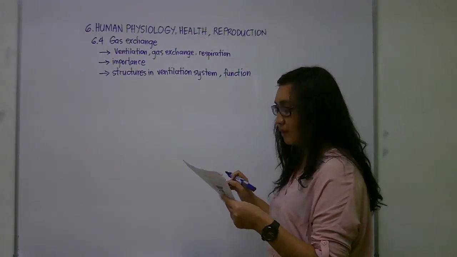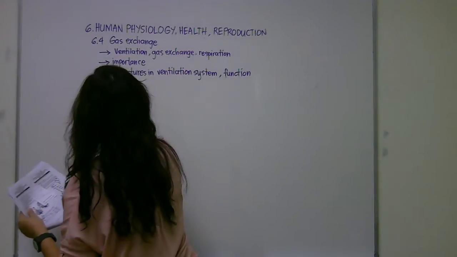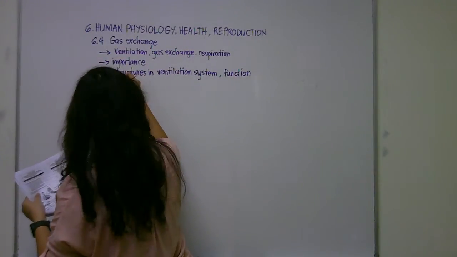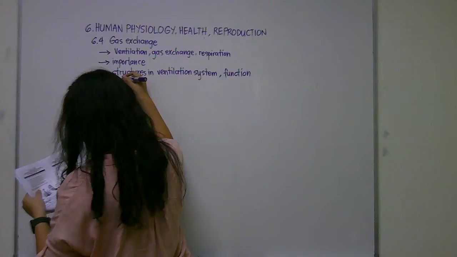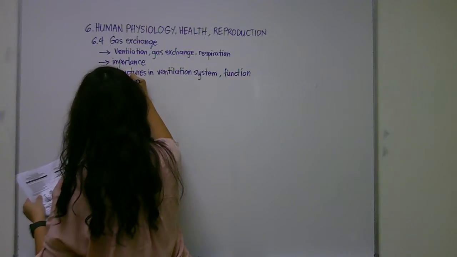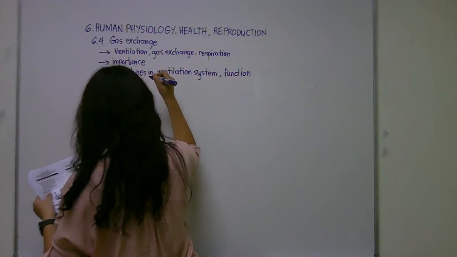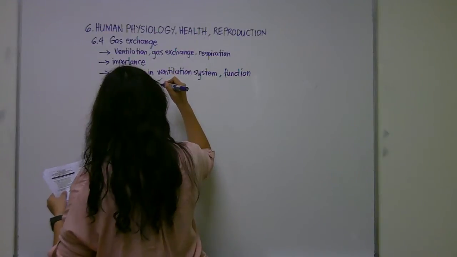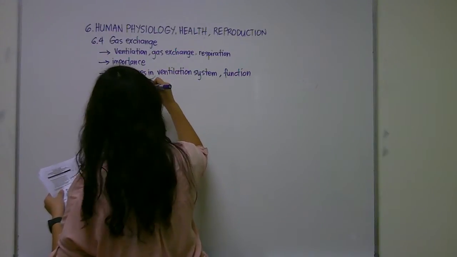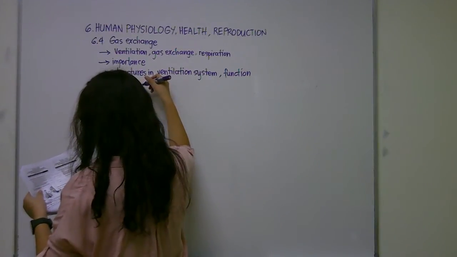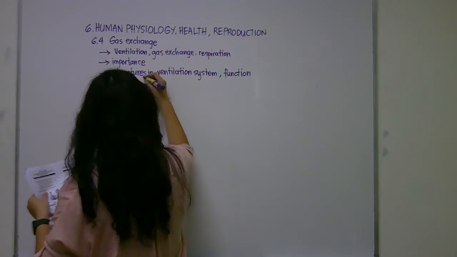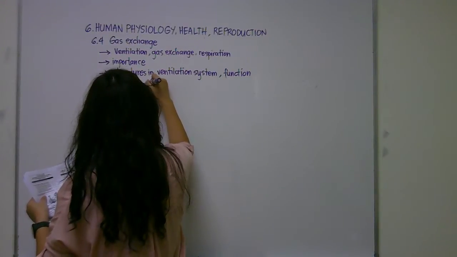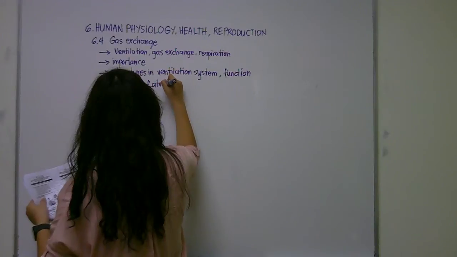So the next important part is the features of alveoli. Okay, so the alveoli are the most terminal part of the ventilation system where gases are exchanged.